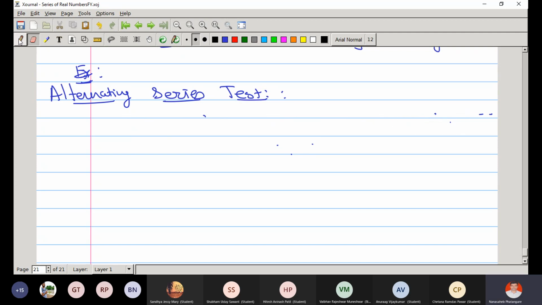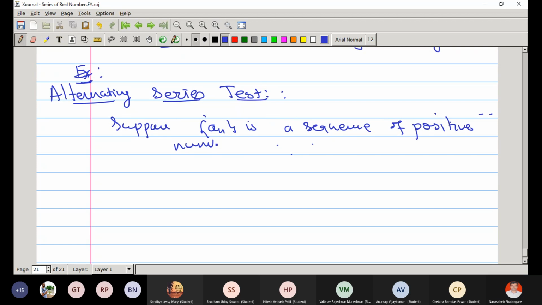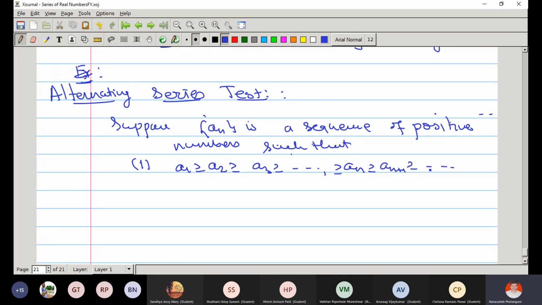So suppose an is a sequence of positive numbers such that a1, a2, a3, an, an plus 1 are decreasing, and limit of an is 0 as n tends to infinity.